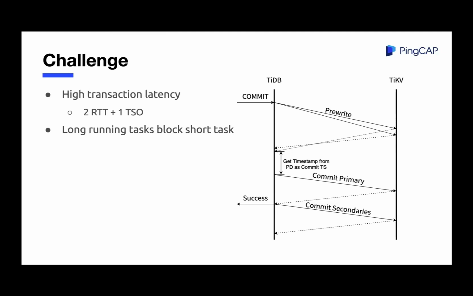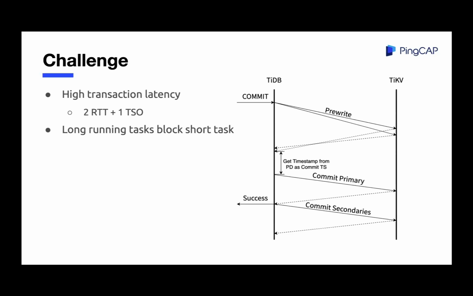The reason why we use two-phase commit is because we need to guarantee atomicity across regions. For example, if we write to two different regions, and one region successfully writes all the keys, and the other region fails, without two-phase commit there will be a partial write, so the transaction is incomplete.